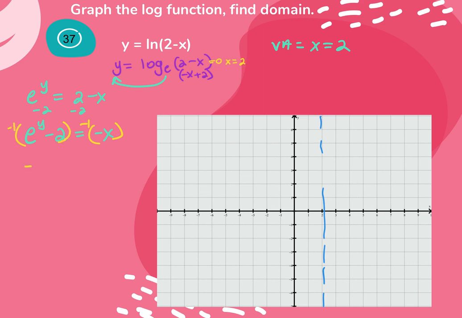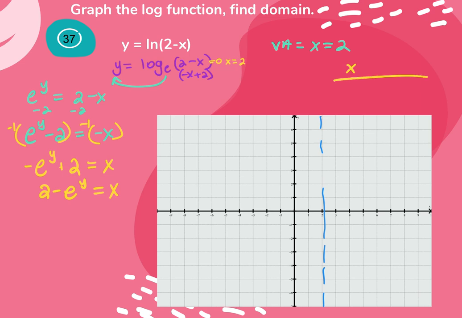And I get negative e to the y plus 2. That negative is not in the parentheses with it, so be careful you're not raising a negative e to a power. You're raising the e to the power, and then you're changing the sign. So if it's better to make it 2 minus e to the y, you can totally switch it.